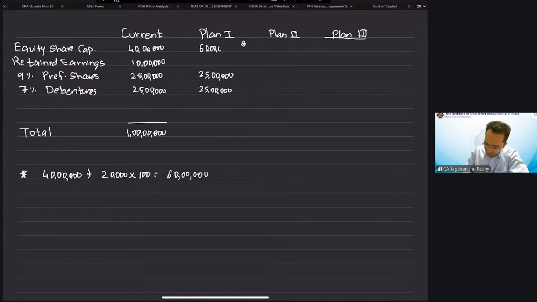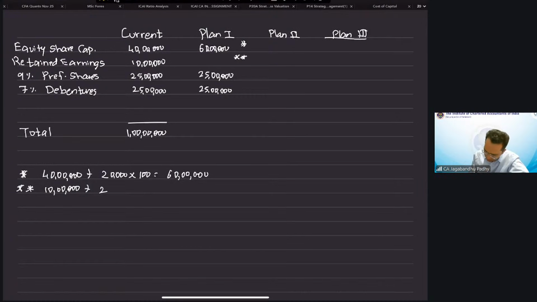And then the reserves, originally 10 lakh. But since we are issuing shares at a premium of 25, that premium will come to our retained earnings, right?